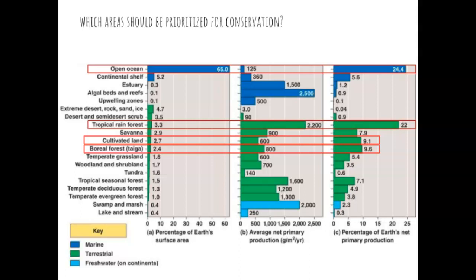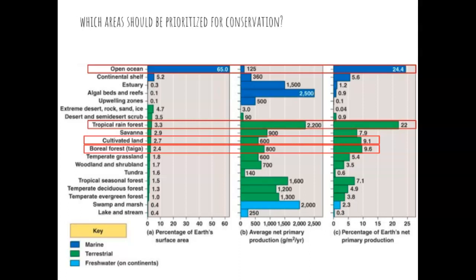So if you think about it, if you were to take half of the trees from a rainforest, you're taking away 11% of the Earth's net primary production. If you were to take half of the trees from a boreal forest or a taiga, or a deciduous forest, you would be taking instead about 4 to 4.5%.